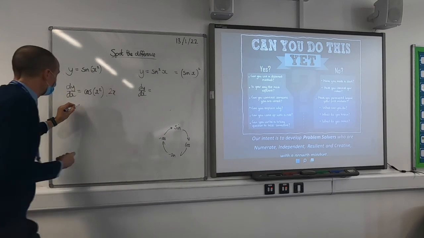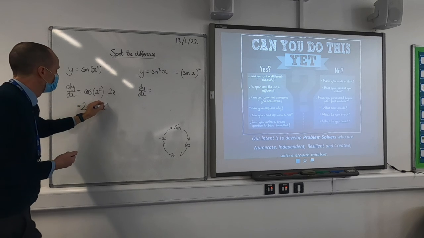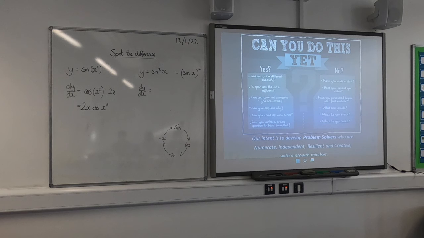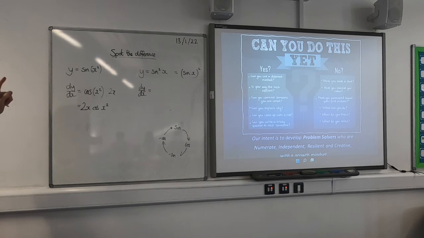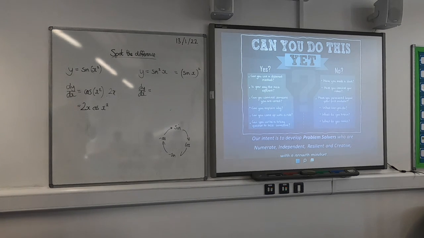So I'm not going to write that as 2x cos of x squared. And to be honest, I only really put the brackets in to try and emphasise the difference. So that's how you differentiate the sine of x squared.